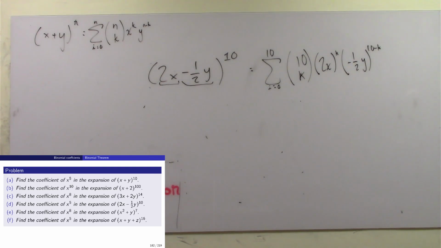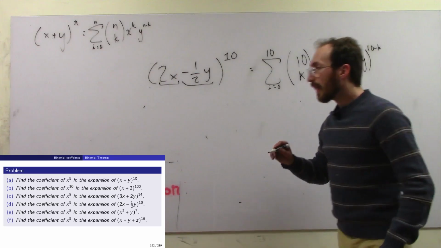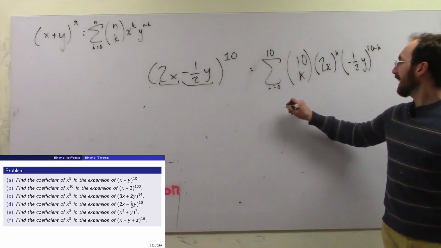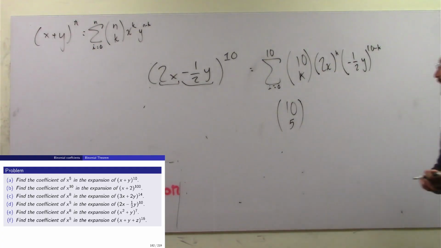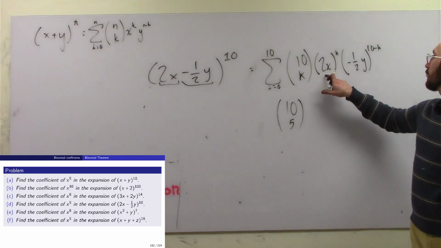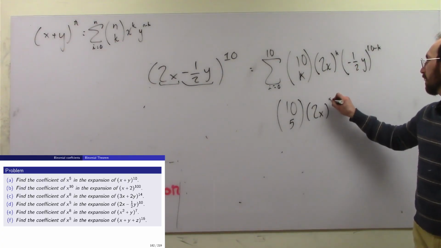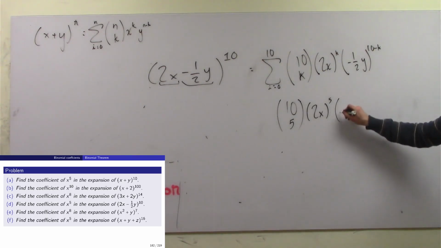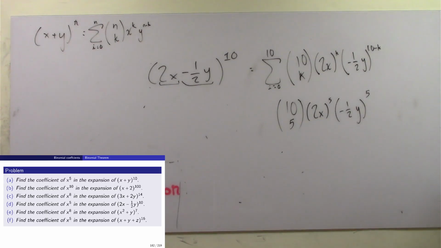So when x is raised to the 5th power, that's when k is 5. So we get 10 choose 5, 2x to the 5th, and then minus 1/2 y also raised to the 5th.